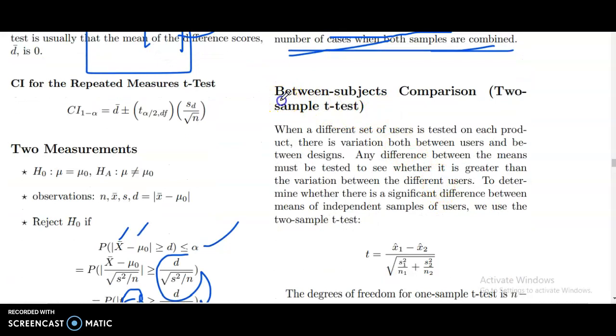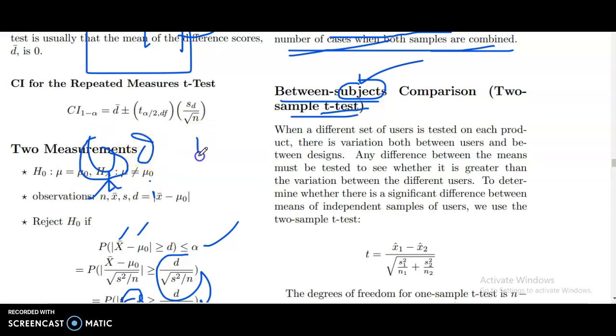Next, between-subjects comparison with the two sample t-test. When a different set of users is on each product, there is variation both between users and between designs.